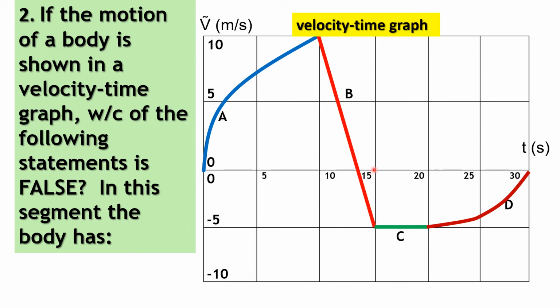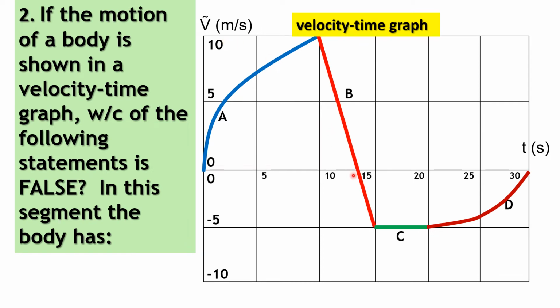Okay, at 15 seconds, it's here, negative 5 meters per second. And what is the initial velocity at 10 seconds? It's there, positive 10 meters per second. So getting the delta v, we just subtract negative 5 meters per second minus positive 10 meters per second. So we get negative 15 meters per second as our delta v.